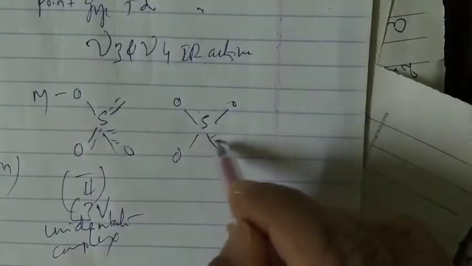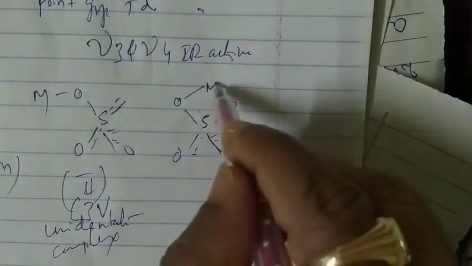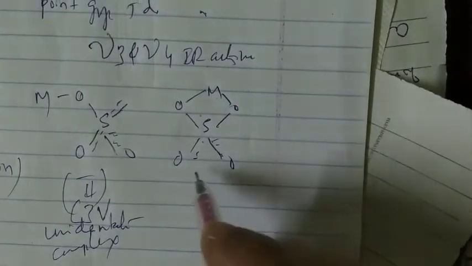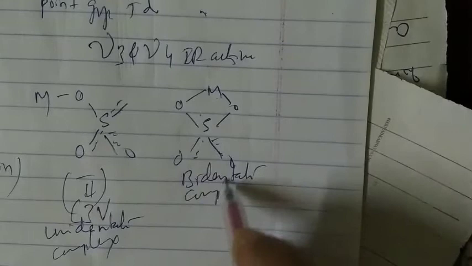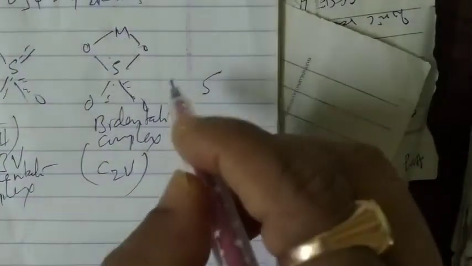Sometimes it is a bridged metal, the bidentate complex, with C2V point group.